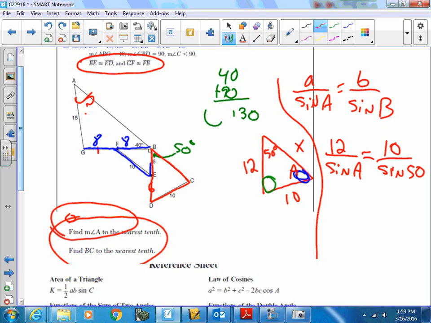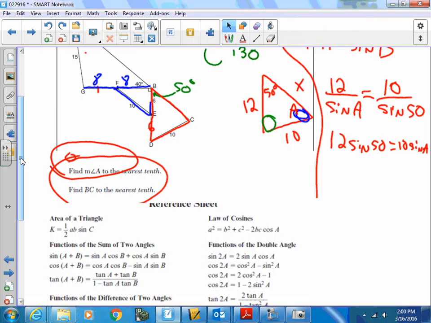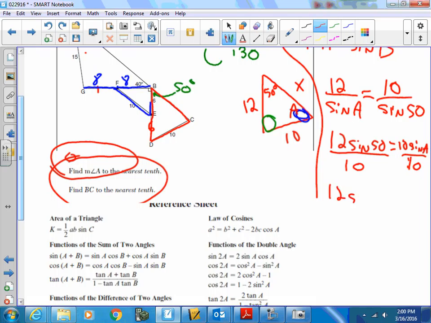All right, now we can cross multiply. So we end up with 12 sine of 50 is equal to 10 times the sine of A. You're going to have to divide both sides by 10, so in order not to round, I'm just going to write 12 sine of 50 divided by 10 is equal to the sine of A. We'll put that in a calculator.